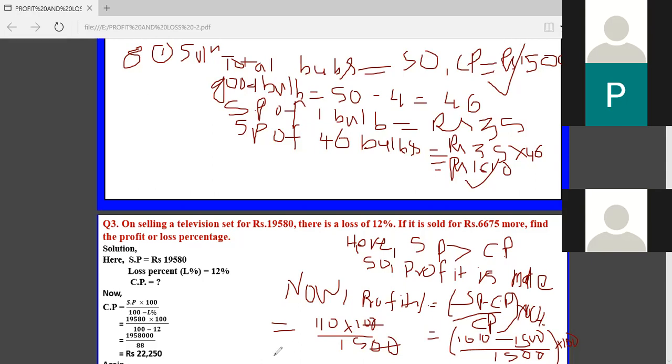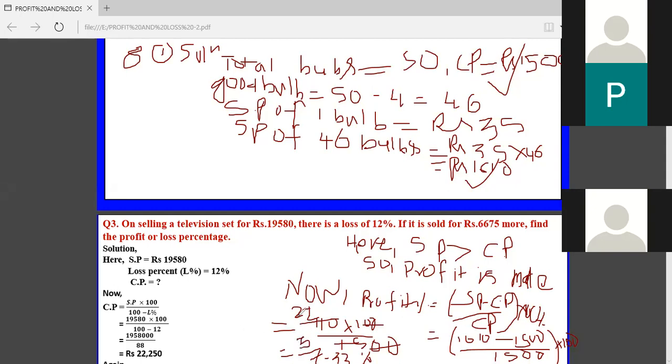You will get 7.33. You can write the answer in decimal also, no problem. Or you can write the answer in mixed fraction also. 110 by 15, divide by 5, 22 by 3.